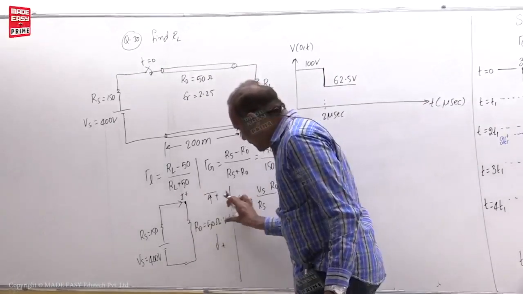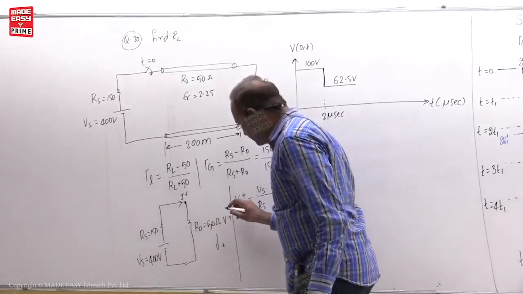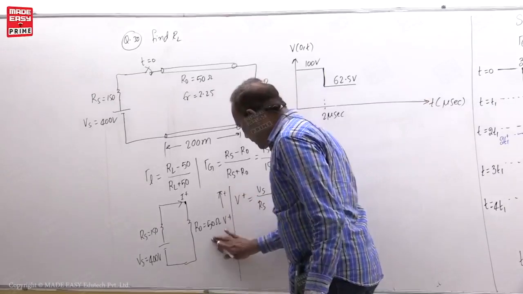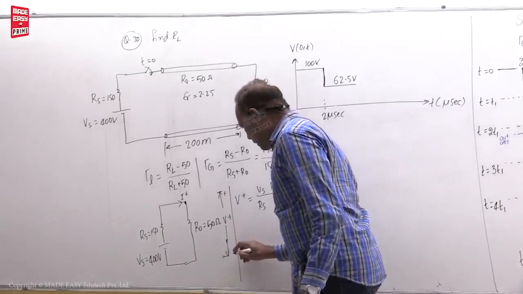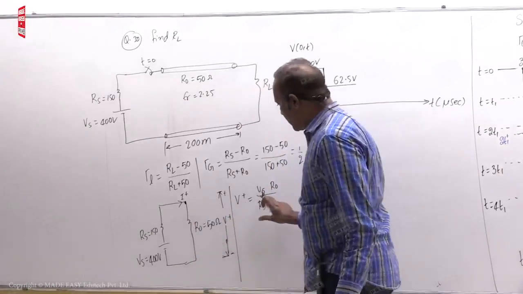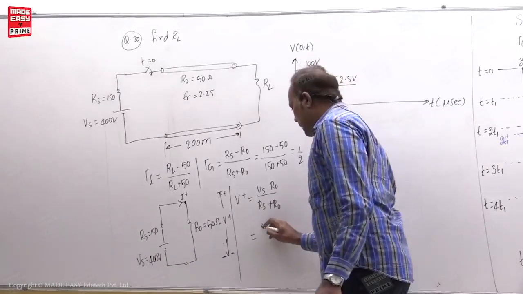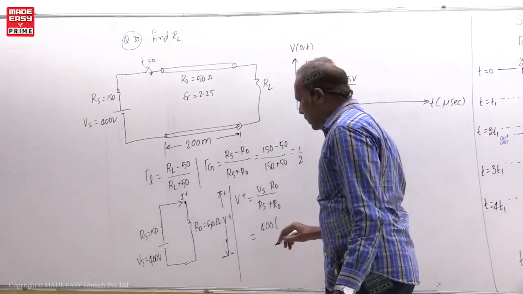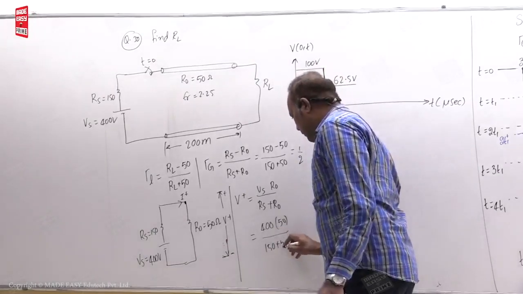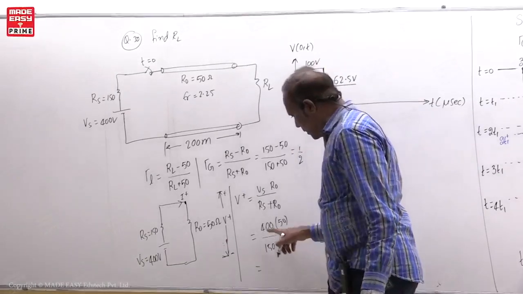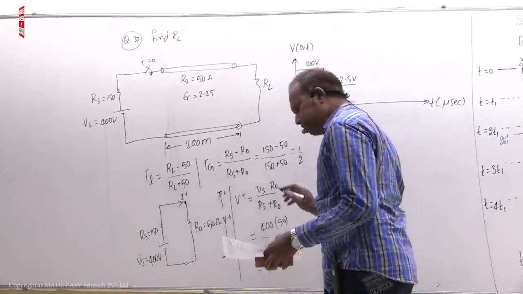V plus means across this, how much voltage is there. So that is the meaning of that one. Now V plus across this is Vs into R naught divided by RS plus R naught. So Vs is 400, R naught is 50, divided by 150 plus 50. This is 200. So you get 100 volt, student, right?